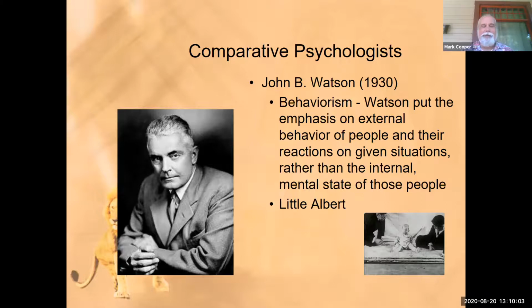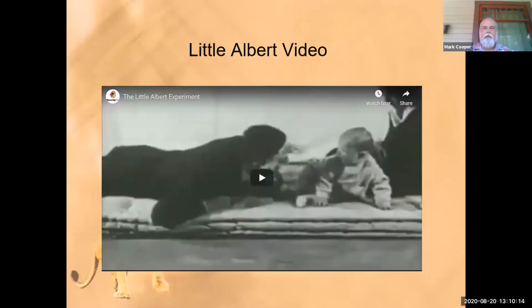Again, not something that you would do today ethically, but back then, I guess in the 30s, less controls. So anyway, I also have the little Albert video for you to watch, and you can see how it probably shouldn't have been done. But anyway, I think it's a 2-minute video, and so you can watch that at your leisure.